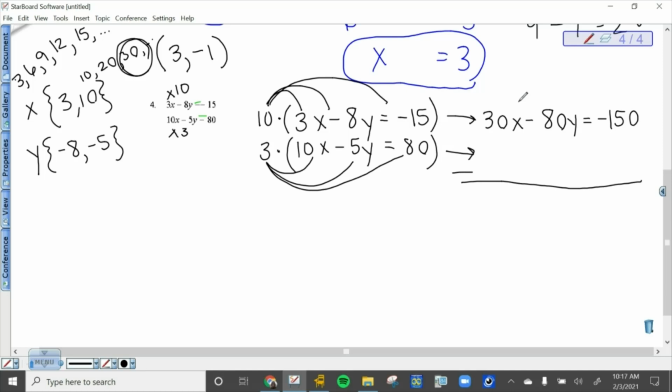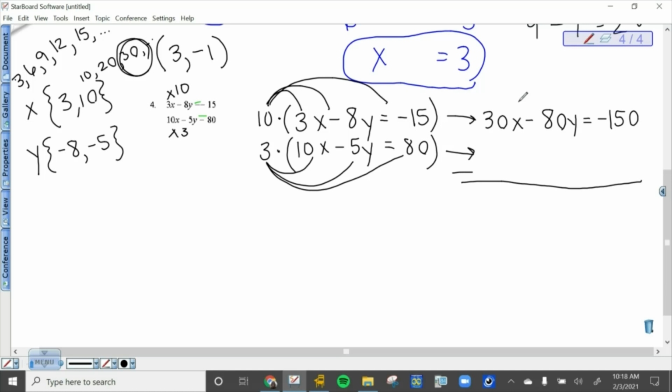You know 3 times 8? 3, 6, 9, 12, 15, 21, 24. Yes, and then you add a 0. Now you're going to subtract this one from that one.